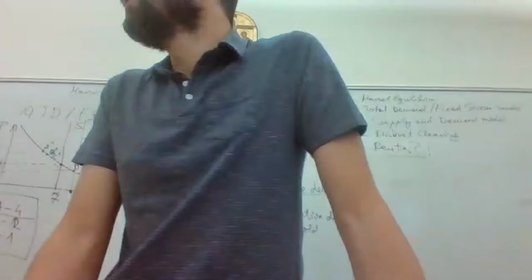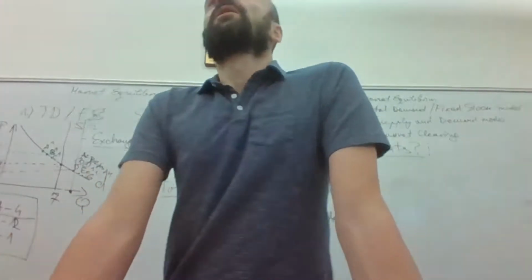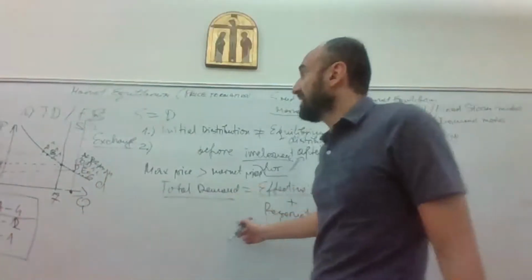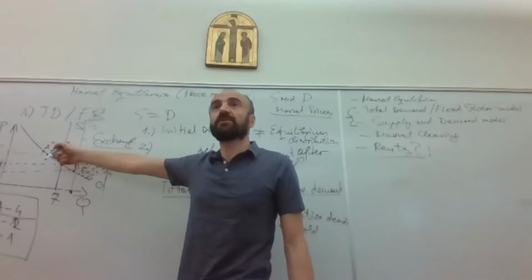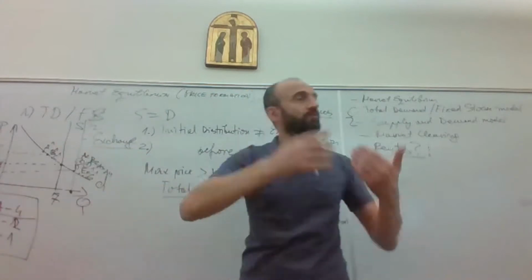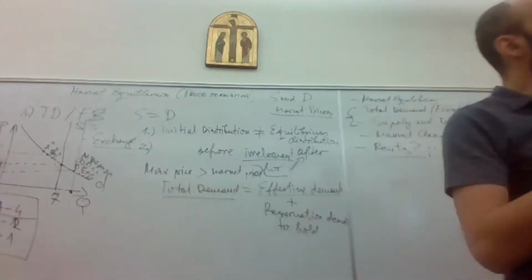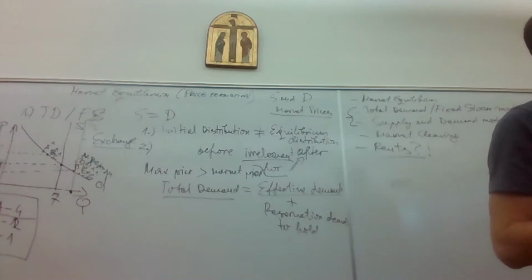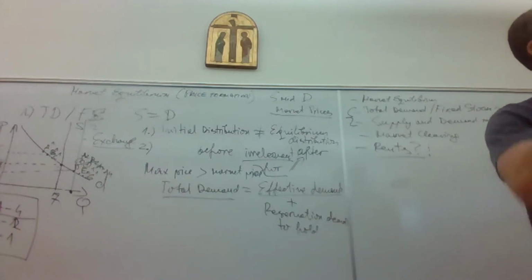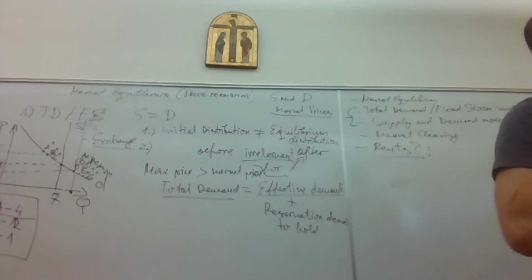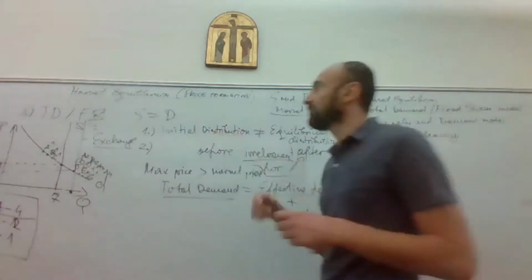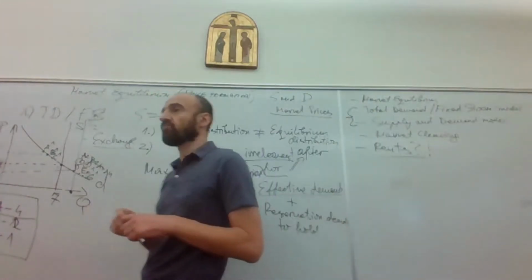So what is that? Reservation demand is a demand that you have for a certain product that is assigned to you before the trades take place, that you don't want to sell because the market price that you can obtain for a product is lower than the minimum price at which you would sell it.